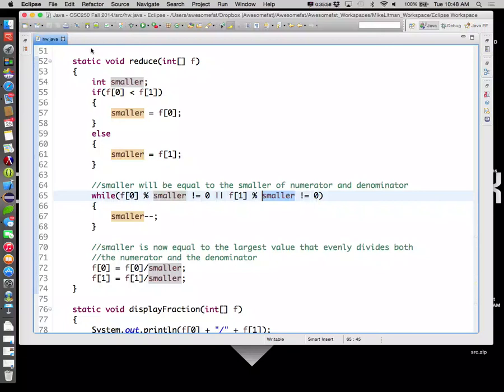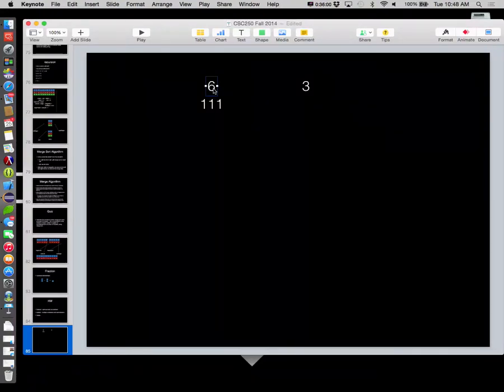Well, actually, let's keep playing this out. Let's say this is 7. Well, we'll do the 6 first. We tried to divide it by 6. 6 evenly divided this one, but didn't evenly divide the other. So now we're going to take 6 and subtract from it its square root.